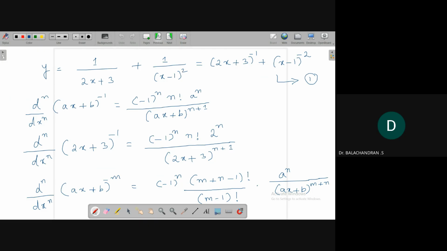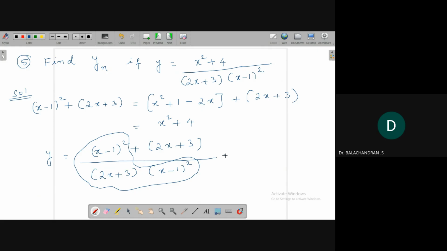Otherwise, if you want, you can write one more step. (x minus 1) whole square by the denominator, (2x plus 3) into (x minus 1) whole square, and then I don't have space, that's why I write here plus 2x plus 3, whole divided by (2x plus 3) into (x minus 1) whole square.